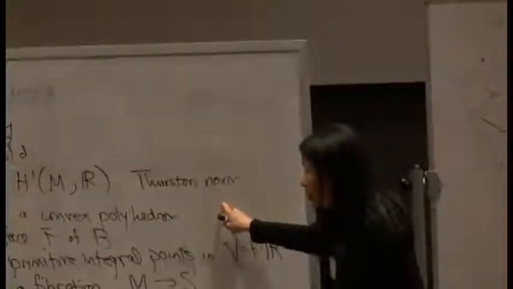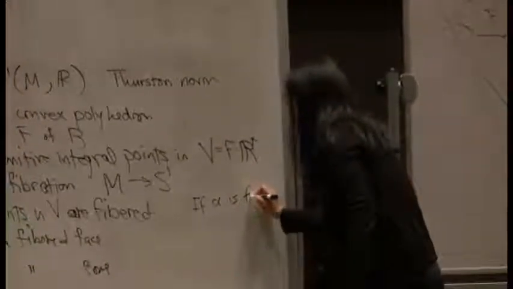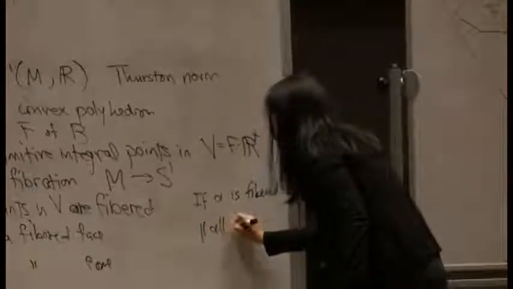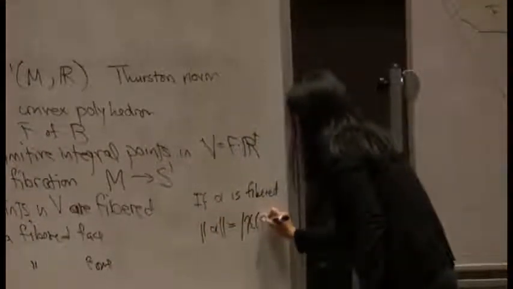Now, I should say another property of this norm is that if alpha is fibered, the norm of alpha is just the absolute value of the Euler characteristic of the fiber of the fibration.